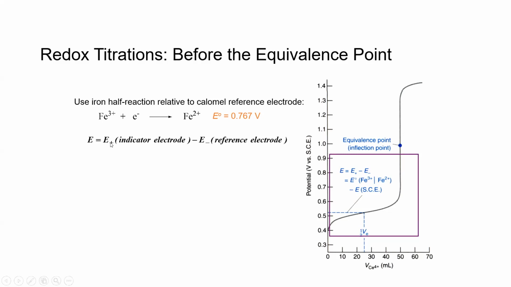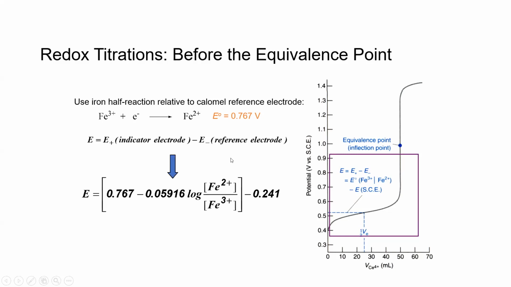So your E equals E positive, your indicator electrode, minus the reference electrode. The indicator electrode is the potential generated from your iron 2 and iron 3 pair, and the reference electrode is from the calomel electrode. And just as we've done before, you subtract this potential from it.